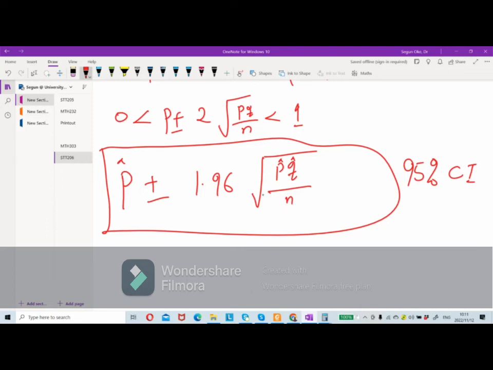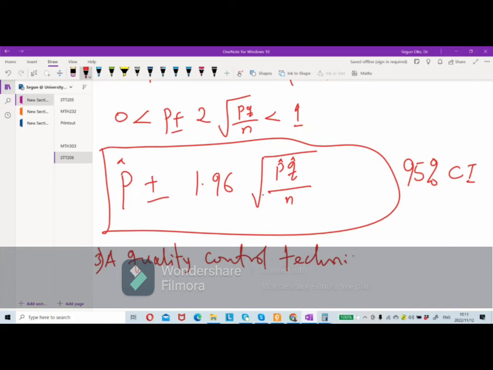So for the proportion, let me just give us an example before we call it a day on the issue of proportion. How do we solve the one of proportion? Quality control. Yes, okay, thank you.